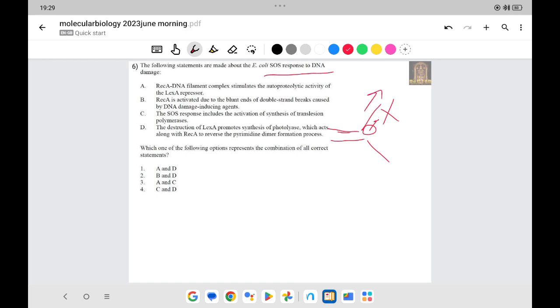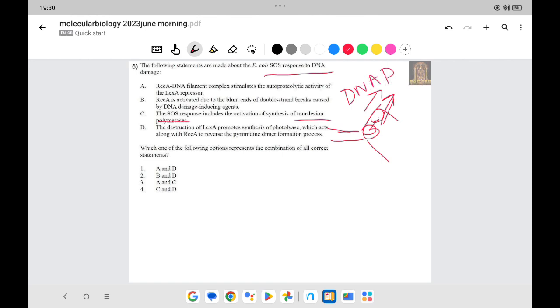To proceed with the replication, we need certain kinds of enzymes. These enzymes are known as the translesion polymerases. One example is DNA polymerase V. This kind of polymerase will come here and replace the DNA polymerase, and they will continue the replication. After passing that place which has some pyrimidine dimer or certain kinds of lesions, it will itself be replaced, and thereafter they will again recruit the DNA polymerase to go on with the polymerization.